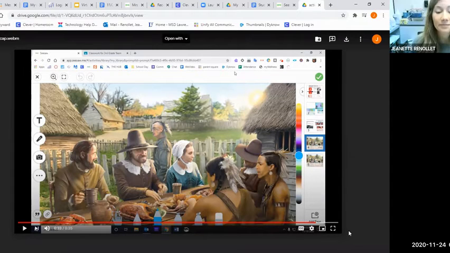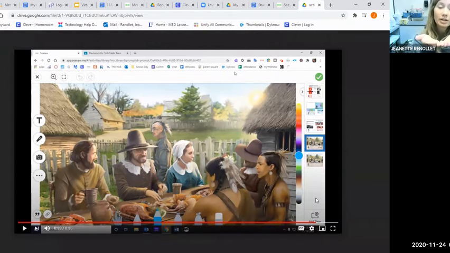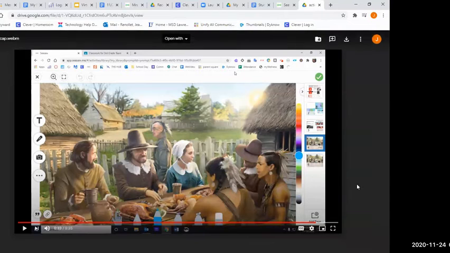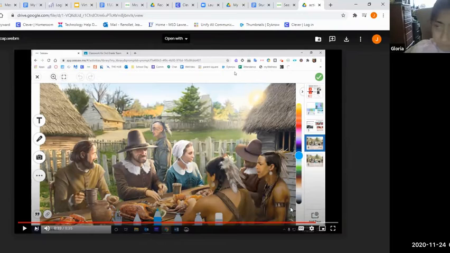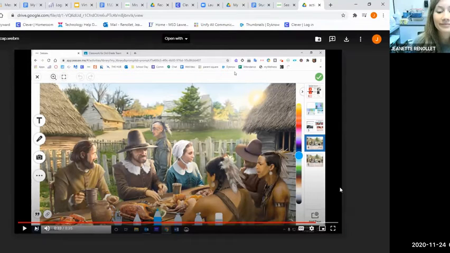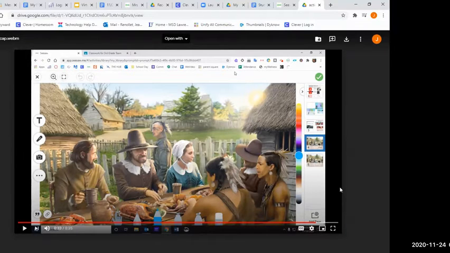Thank you, Day. Who else can find a way that these two people are similar? What do they have in common in this illustration? Gloria. They're both wearing clothes. Thank you, Gloria. Landon. They both are thankful for people.